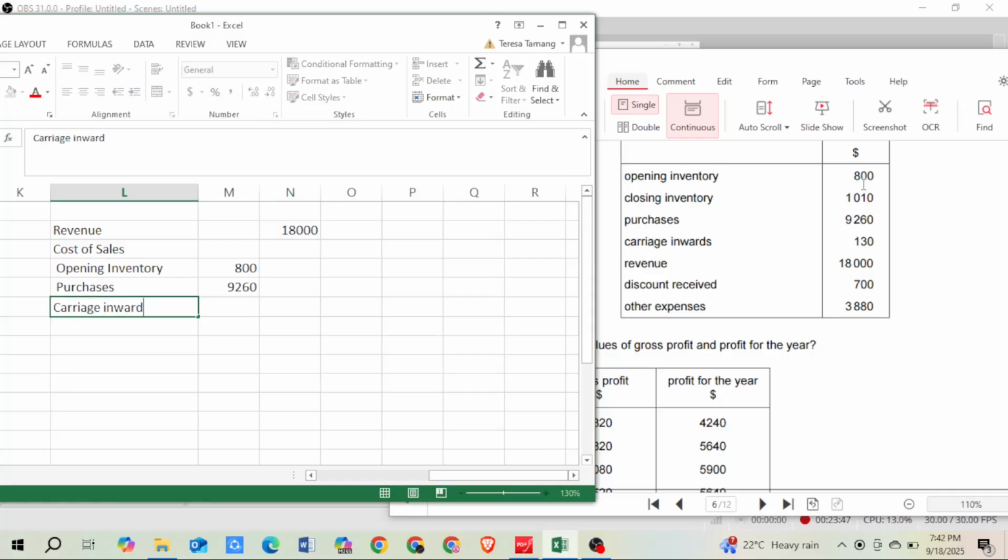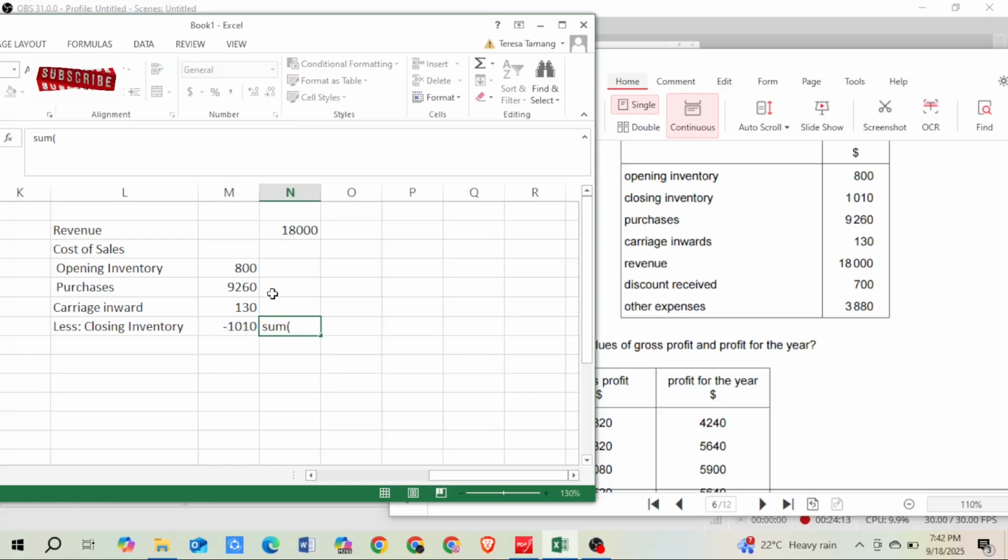Carriage inward is 130. And ultimately we'll subtract less closing inventory. So closing inventory is given out here, 1010. Okay, so subtract, sorry, minus 1010. So let's do auto sum, and this will give me the cost of sales.